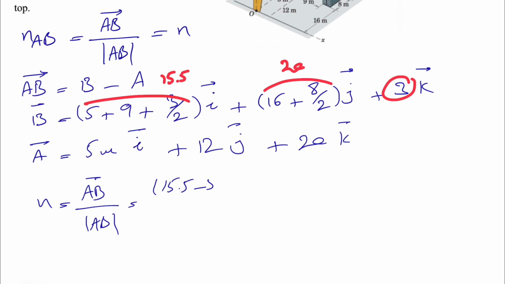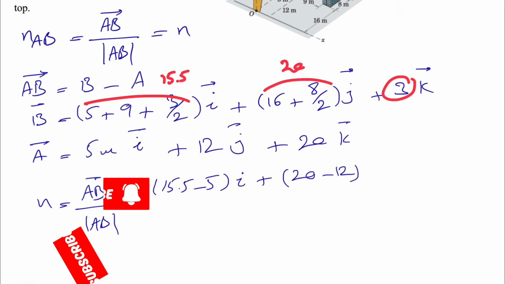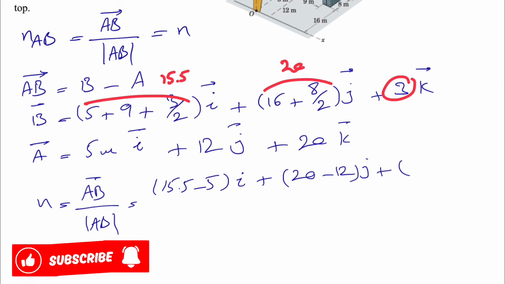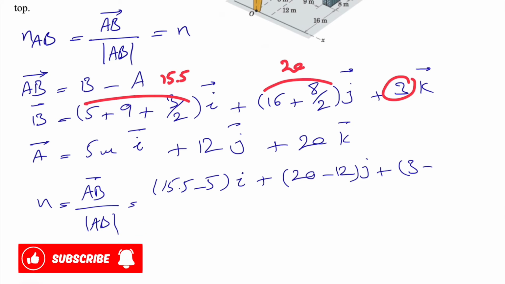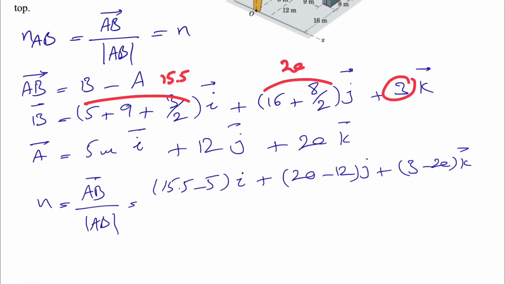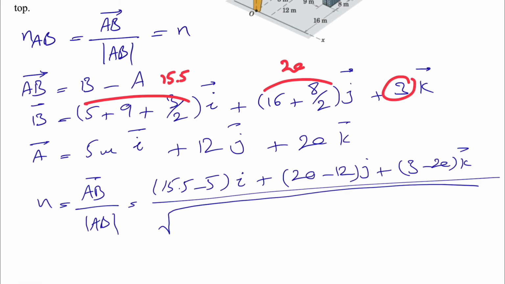So now that we have the coordinates of B and A, the rest of this is pretty easy. As I mentioned, our AB would be simply B minus A, and we just need to put that to find our unit vector N. So for AB, we'll have 15.5 minus 5, we have 20 minus 12 for j, and for Z, we have 3 minus 20.